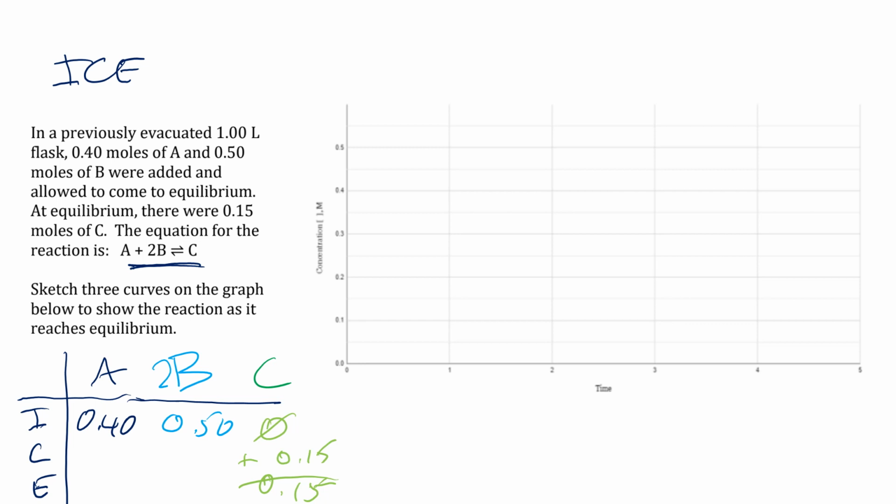It's going to be the same thing with the reactants, but because we're forming C, we have to subtract the same amount based on the number of moles. So for example, letter A, if C increased by 0.15 and it's 1 mole, since there's only 1 mole of A, we're going to assume that it decreases by the same amount. So at equilibrium, I'm at 0.25 moles.